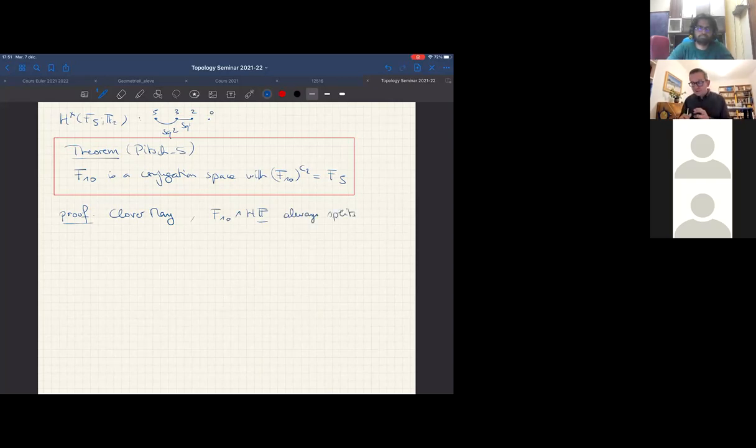Of course, the summands that appear need not be of the form expected if the space is a conjugation space, but knowing that it splits, it becomes easier to prove that it's a conjugation space, because it means we only have to identify the wedge summands.